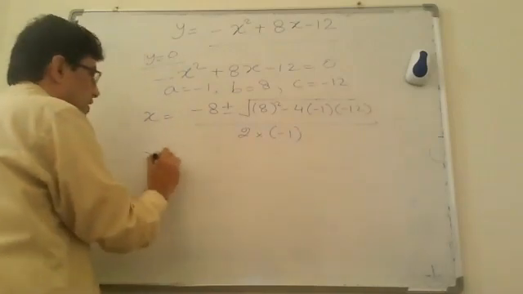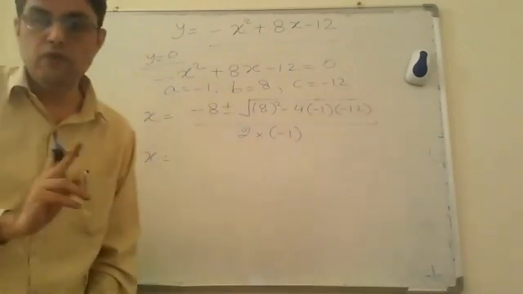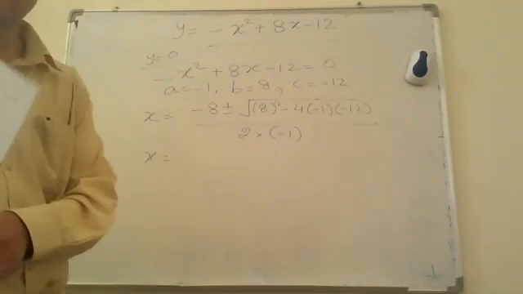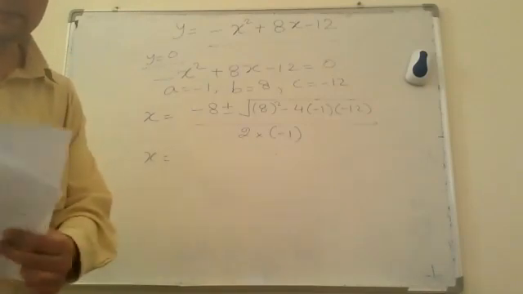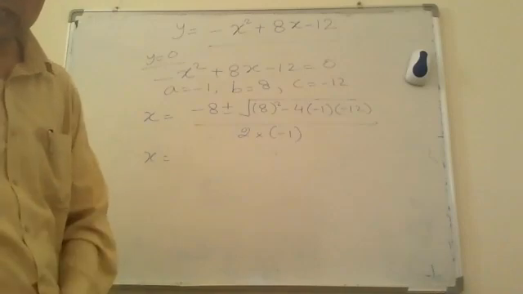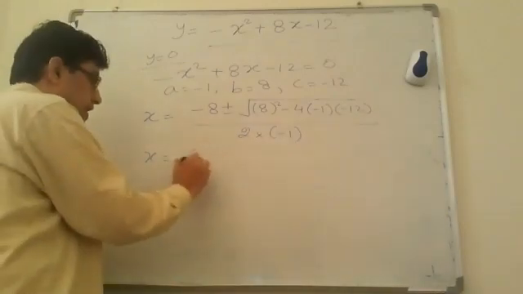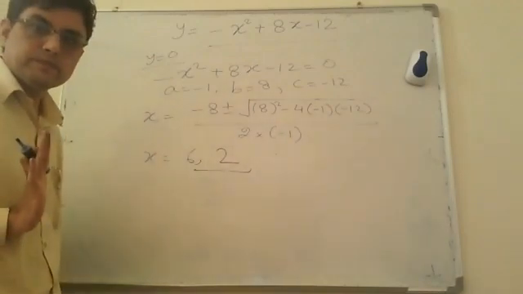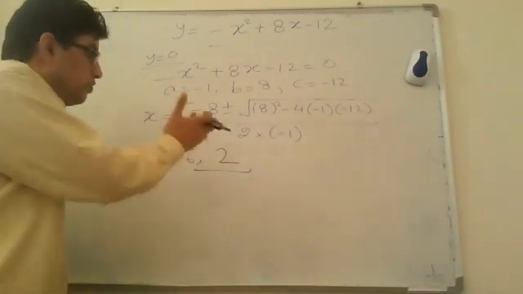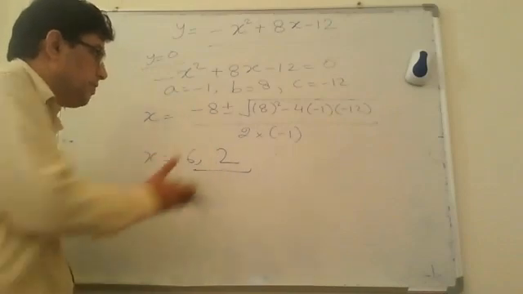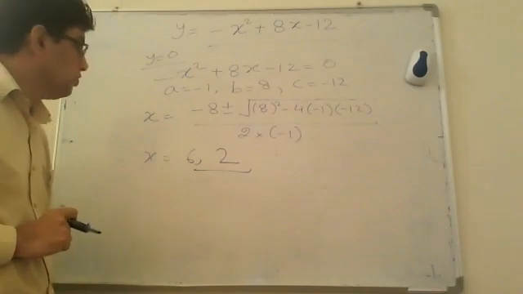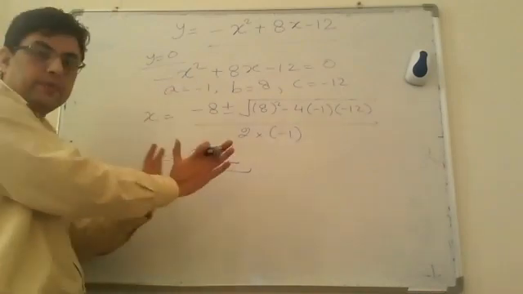So when you find the value of x, you will get two values of x, which are 6 and 2. You will get 6 and 2 by solving. If you use plus, maybe you get 6, then 2 with minus.